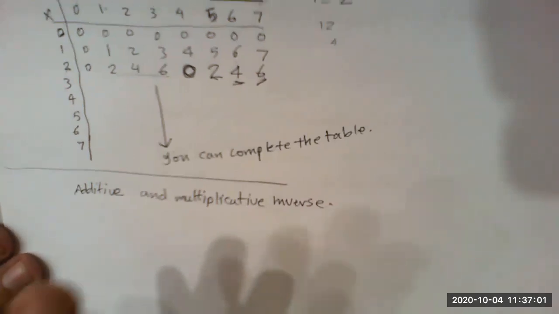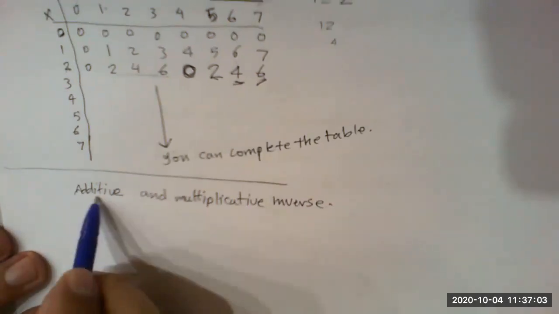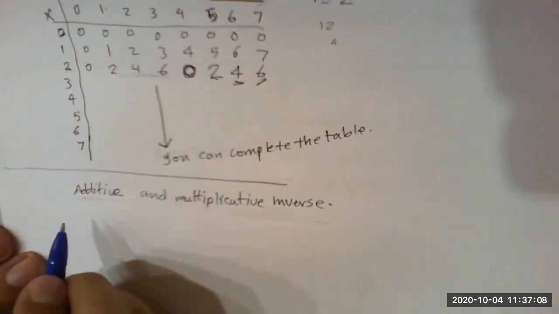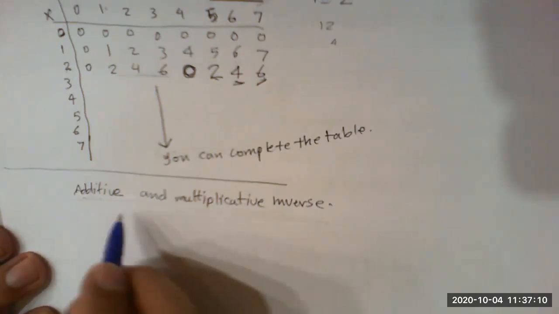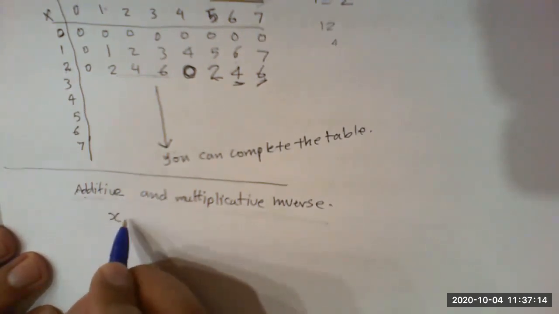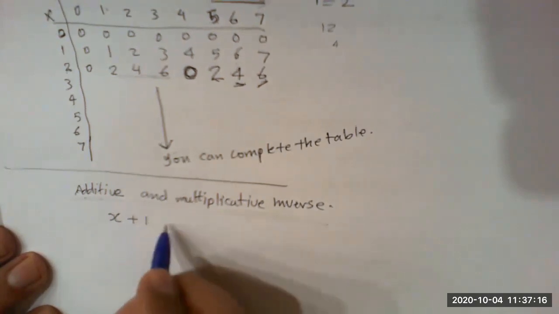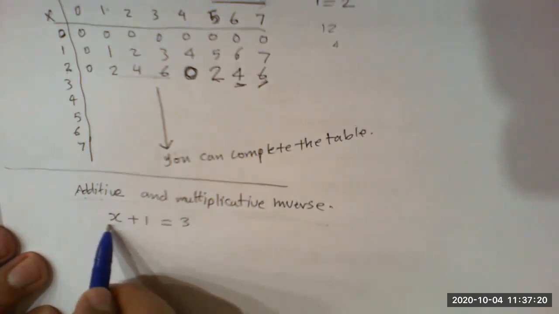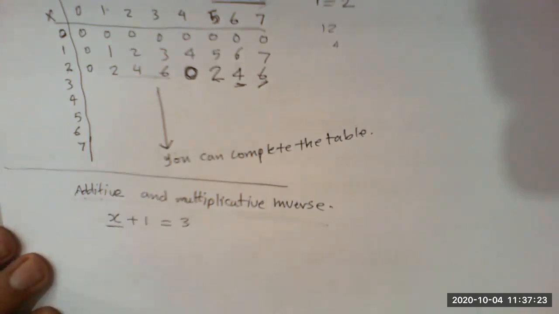Okay, let me simplify the problem for you. What is additive inverse? For example, in just linear algebra, if you have x plus 1 equal 3, and you want to get the value of x, what will you do?